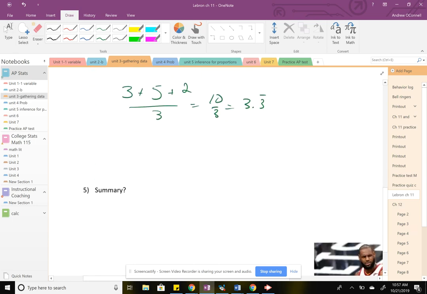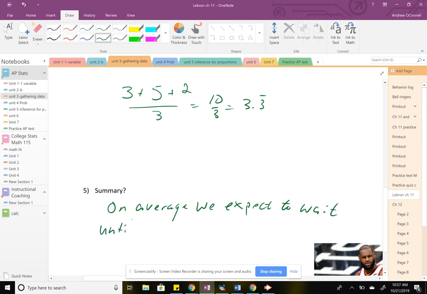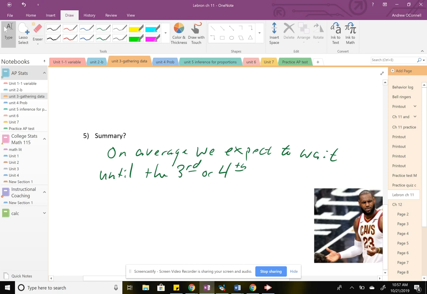So when it says summary, I'd say on average, we expect to wait until the third or fourth free throw until LeBron misses.